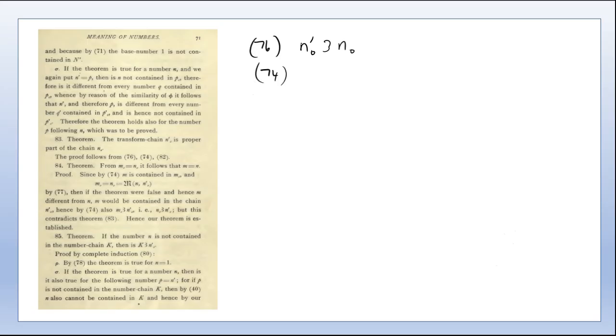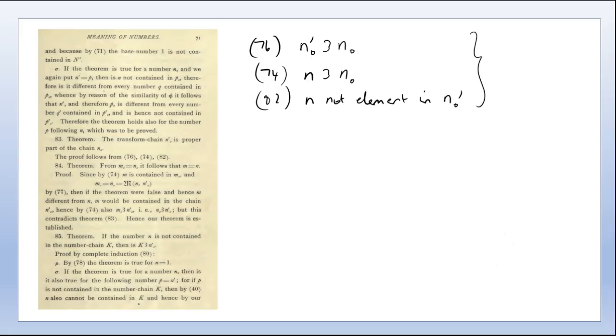74 says that every number n is contained in its chain N0. So every element is contained in its chain. And 82, that's what we've just proved, isn't it? So in the transform chain, N0 primed, n is not an element in N0 primed.